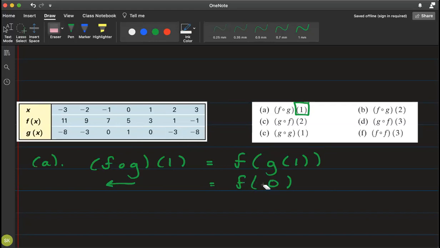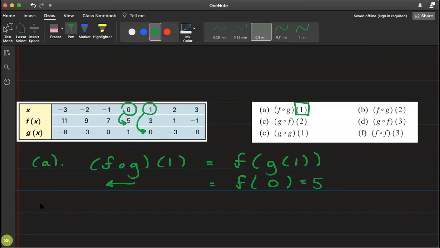I'm looking for what the value of f is when I plug 0 in. So when I plug in 0 into f, which is right here, I get 5. So this is equal to 5. Let's just recap really quickly. We started with 1, which is right here. 1 was sent to 0, and then 0 was sent to 5.